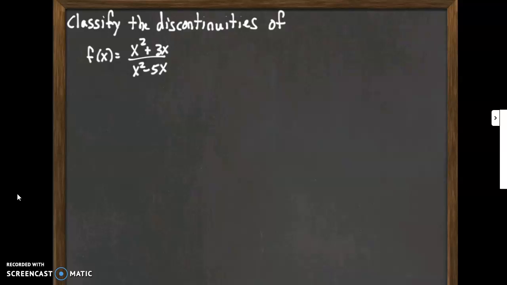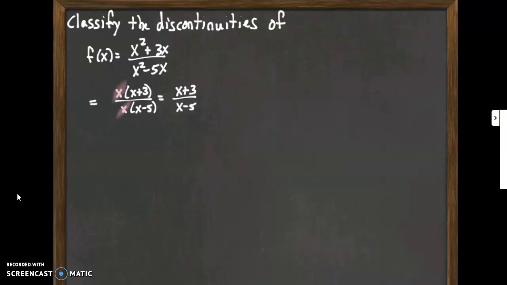But there's actually a better way to approach this problem, and that is, let's factor the top and bottom. Okay, x times x plus 3 over x times x minus 5. And then notice that, hey, we can cancel out that common factor. And we can say, hey, that's equal to x plus 3 over x minus 5. And if we write that down, and I've done this when I've taught sometimes, and I've even done this in a calculus class, technically that's not correct.